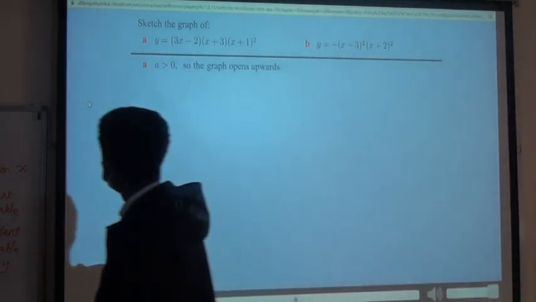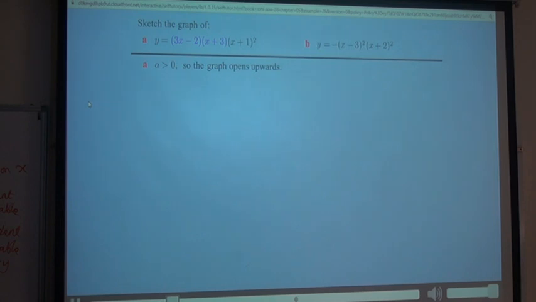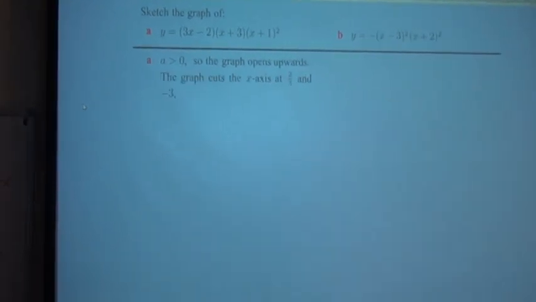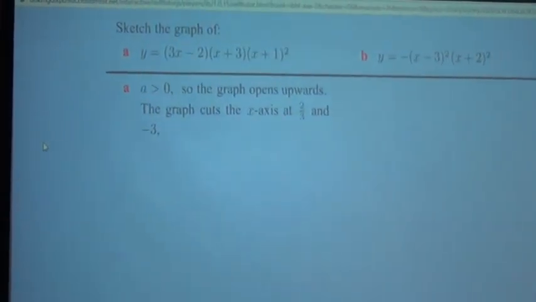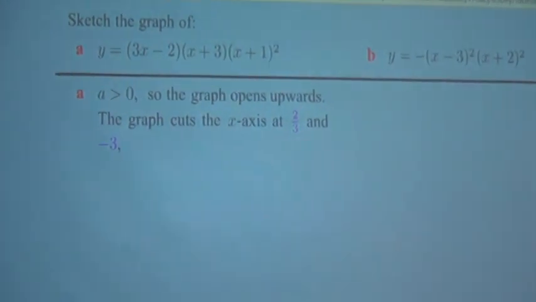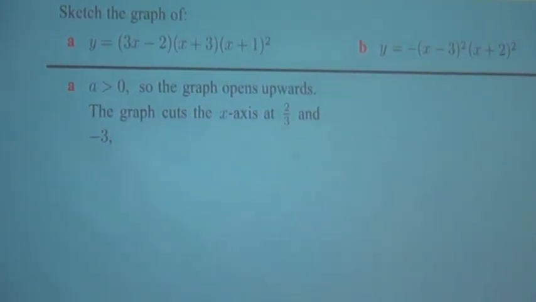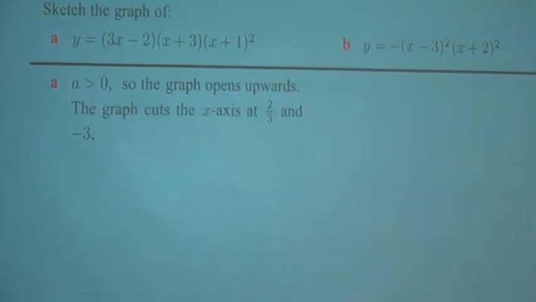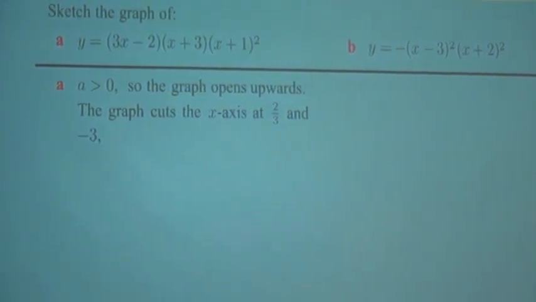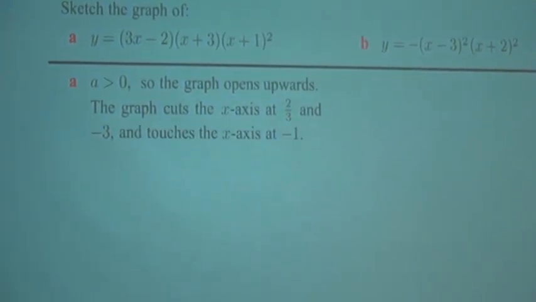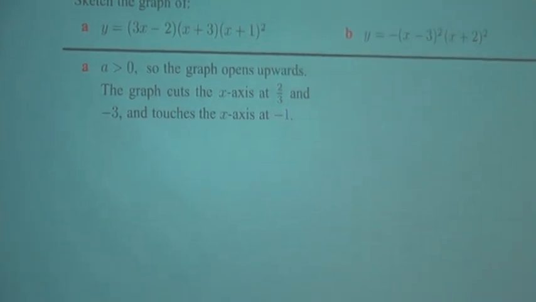We see that the quartic has 2 single linear factors and a squared linear factor. The graph cuts the x-axis when these single linear factors are 0. So, it cuts the x-axis at x-intercepts minus 3 and 2/3. The graph touches the x-axis when the squared linear factor is 0. So, it touches the x-axis at x-intercept minus 1.